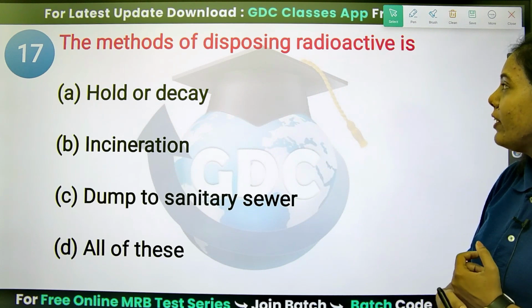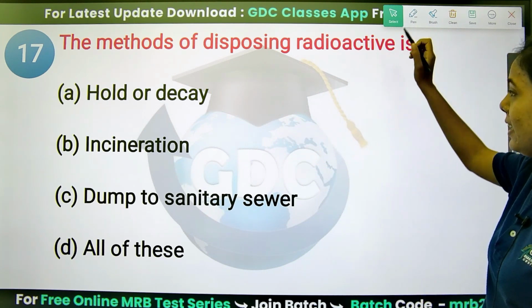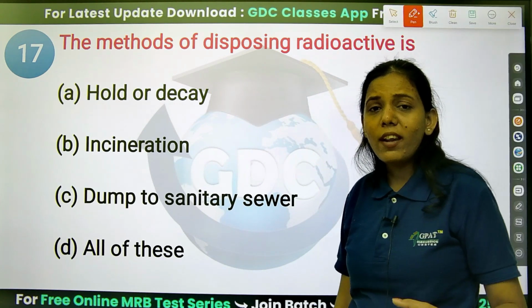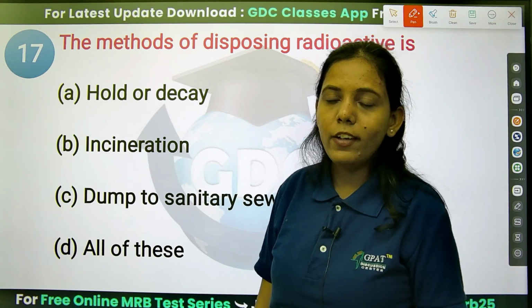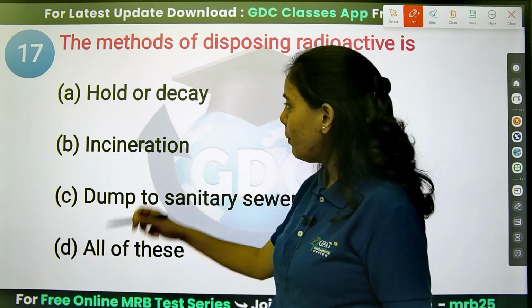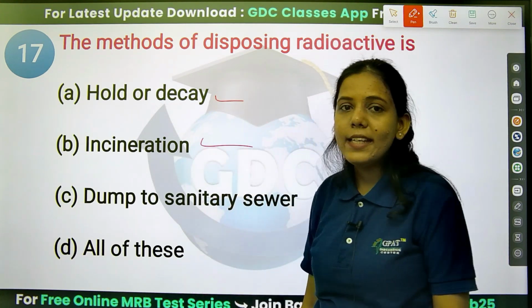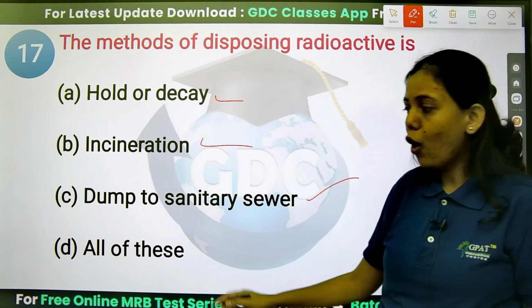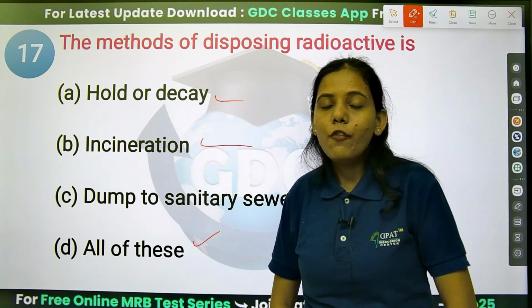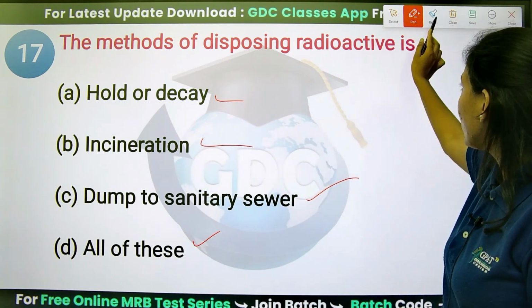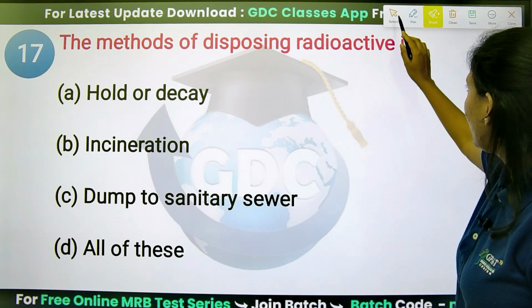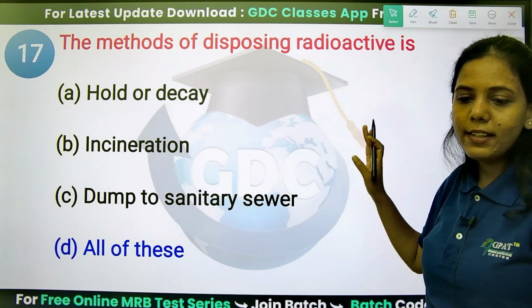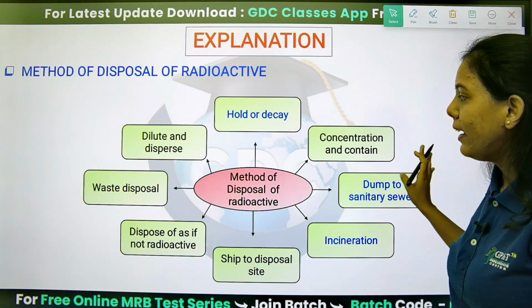What are the methods for disposing radioactive waste, because these are harmful radiations? Hold or decay, incineration as already described, dump to sanitary sewer. Yes, all of this is the right answer for disposing the radioactive, so option D is the right answer.